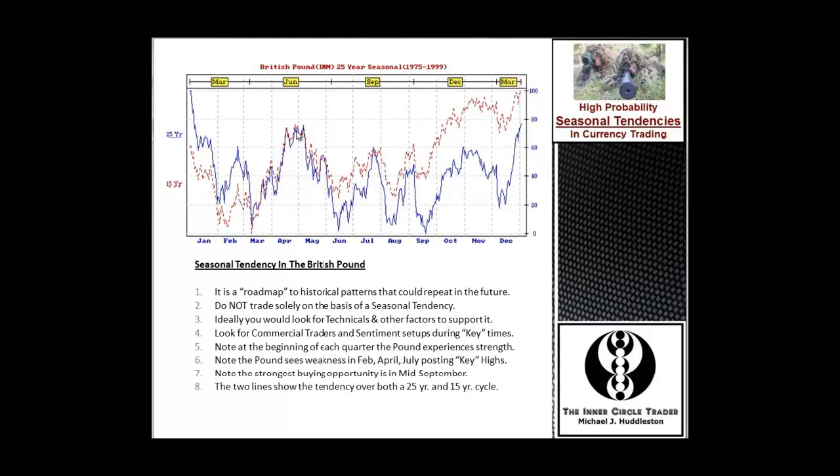In other words, if you just try to buy January lows, March lows, June lows, September lows, and December lows, speaking specifically seasonally, you are buying the highest probable times of the year based on seasonal tendencies for the pound. I'm not going to go into all of the factors that support why the pound rallies every quarter like that. I'm just telling you, this is what the data suggests.